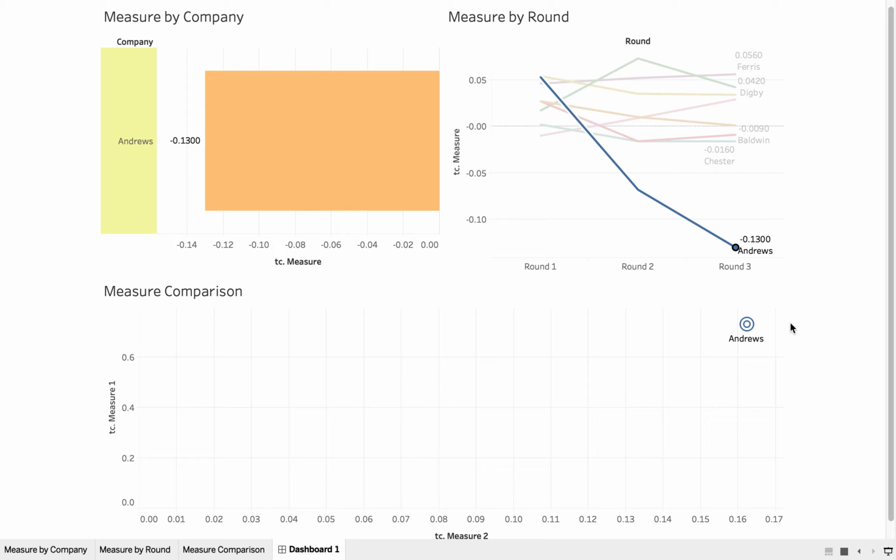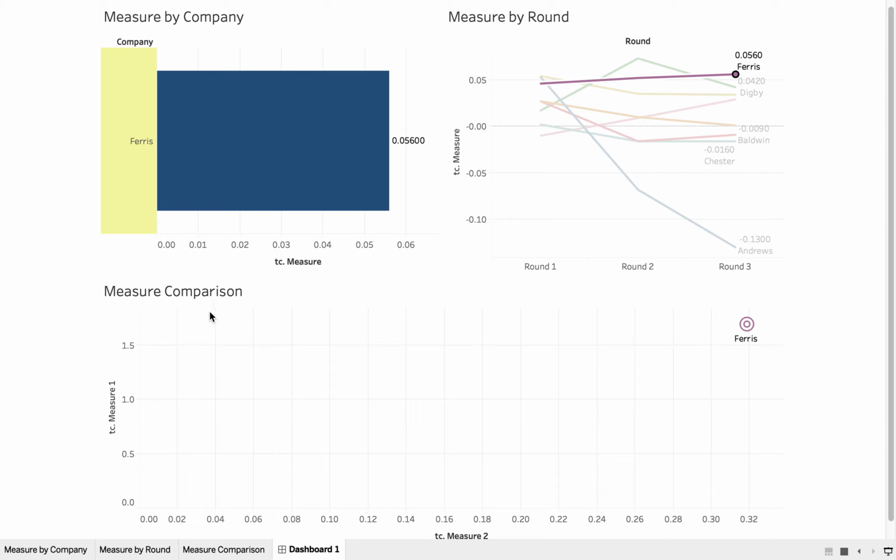Now, comparing to Andrews, since that is the lowest number, we're going to stick with talking about Ferris, since they are the one company that is consistent. As you can tell, with this color they are the highest, which means they are getting the darkest color, which means their measure and their numbers are continuing to rise.